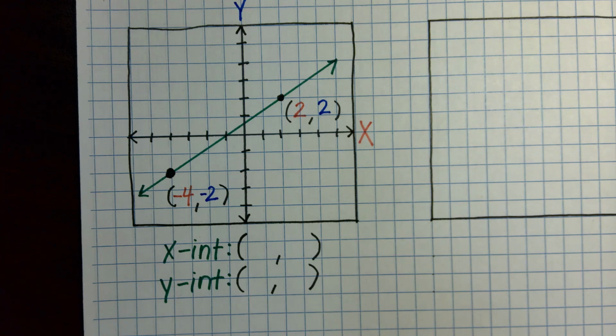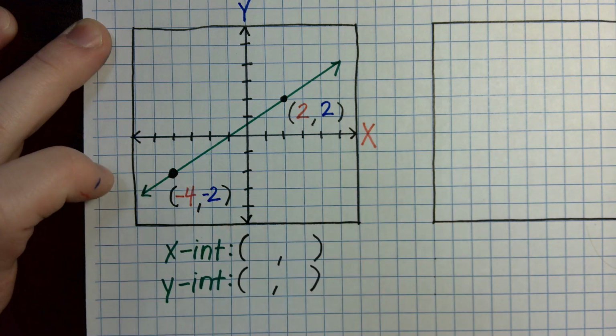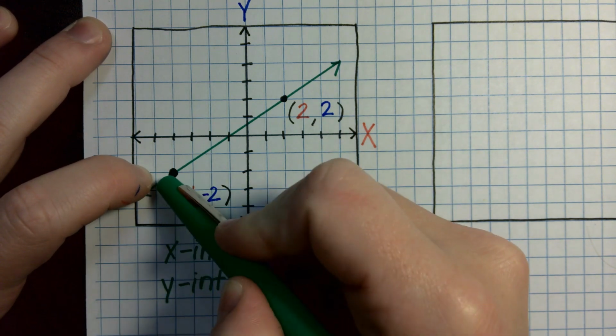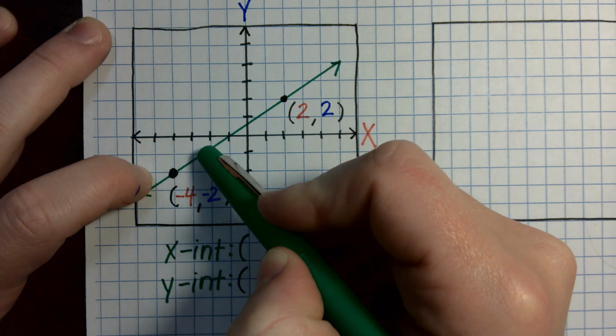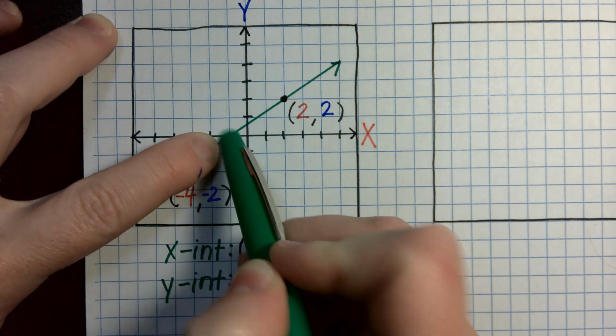If you've ever heard that word intercept, I always think of a sports term, like when you intercept a ball, you catch the football, you're coming in contact with the football. So maybe think of the coordinate as the football, and the line is showing where the ball is being thrown, and boom, the x-axis, this is where it's touching it, right there.